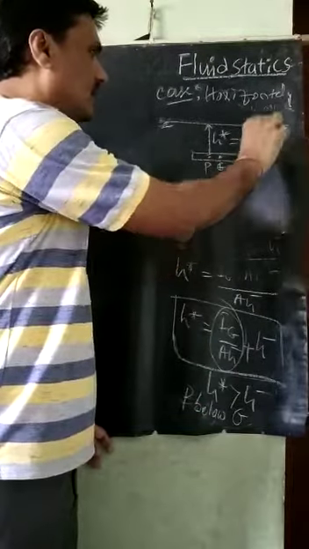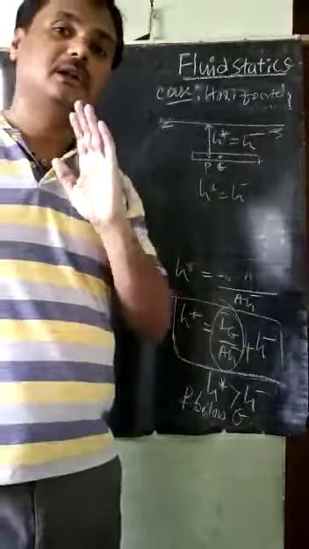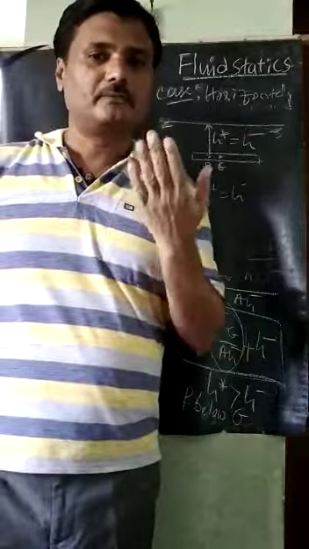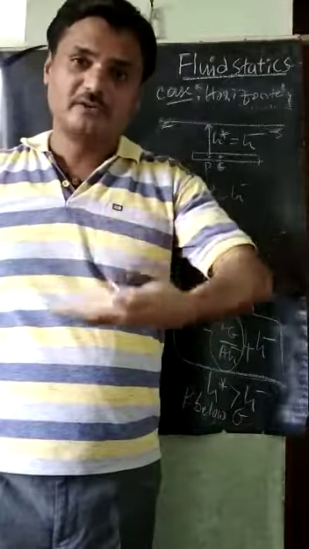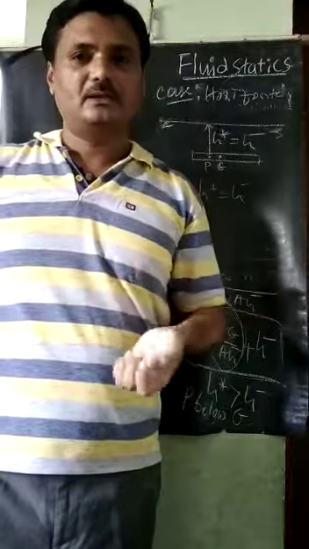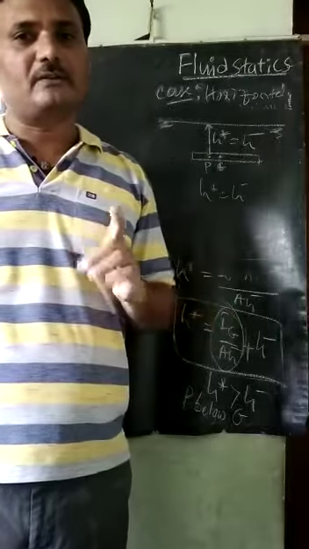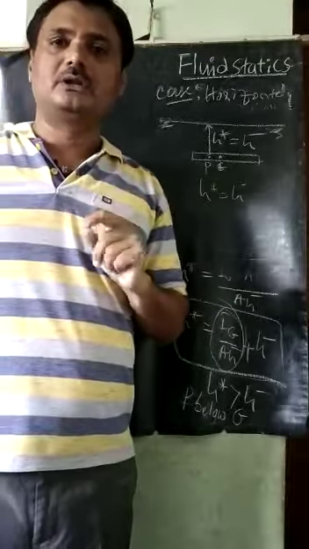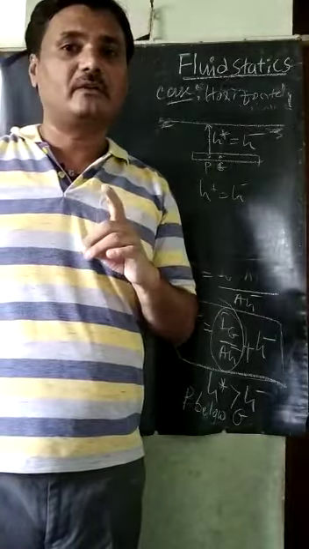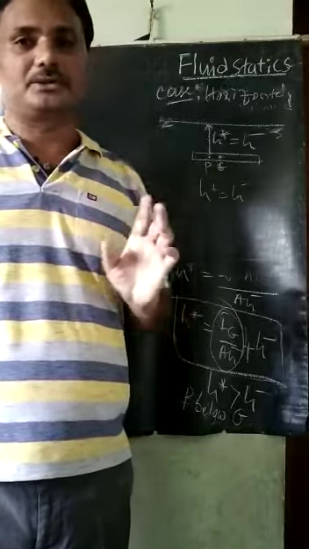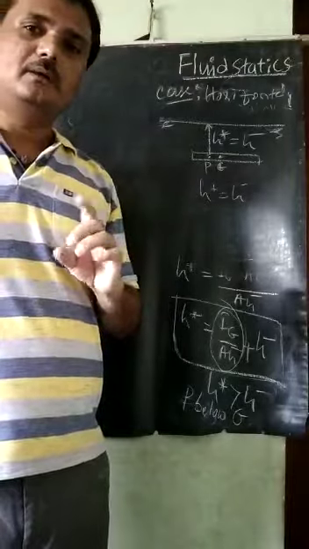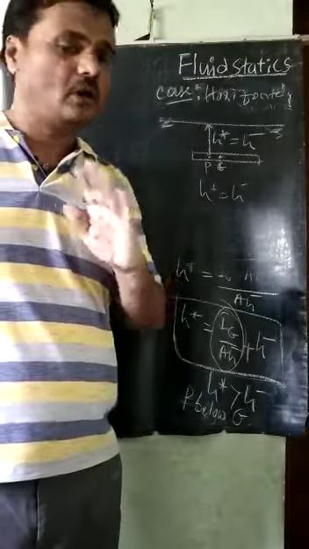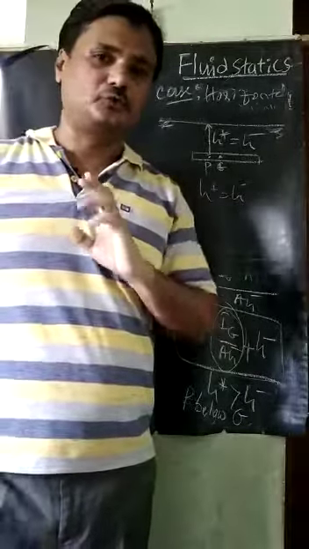In the formula, the extra term doesn't appear, it becomes 0. When a plane surface is submerged horizontally, the distance between the free surface and the CG is equal to the distance between the free surface and the center of pressure. This is case 2.